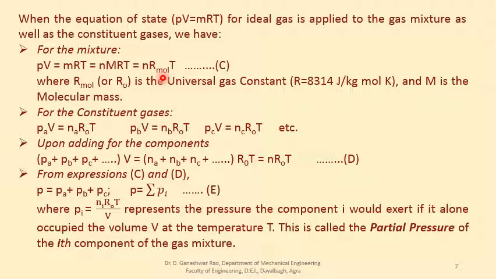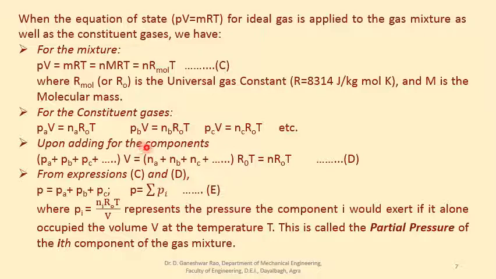R0 is the universal gas constant. Now for constituent gases A, B, C, which we considered earlier, you can write a similar equation. PAV is equal to NaR0T, since we considered earlier that in the same volume at the same temperature, if one gas is filled, it will be applying pressure PA on the walls of the container. That PA corresponds to the constituent gas A. So PAV is equal to NaR0T.